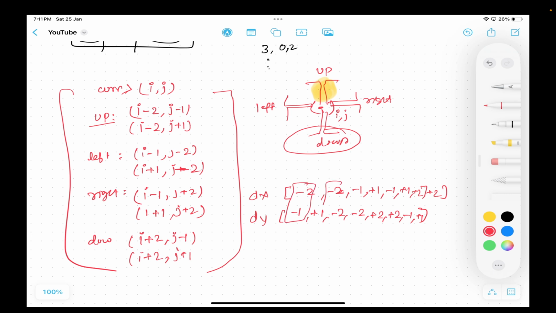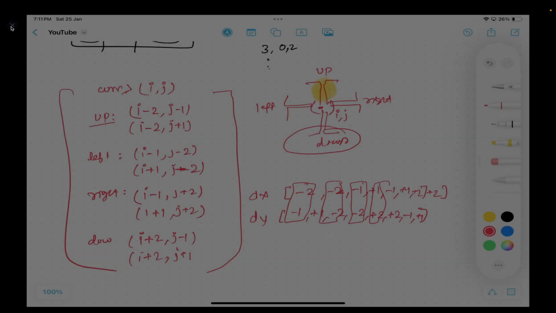These are the pairs of coordinates from where you can jump to the particular IJ, if that is inside the board. So this is the overall idea of the problem. You will get more understanding while we write the code, so let's directly jump to writing code.